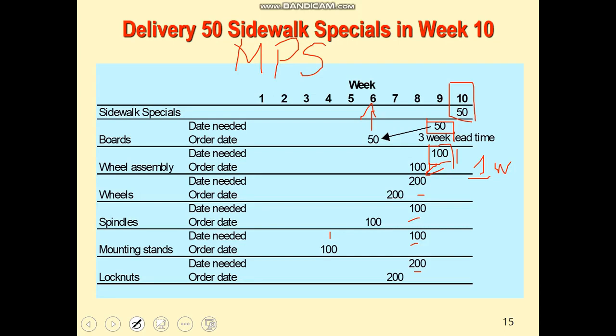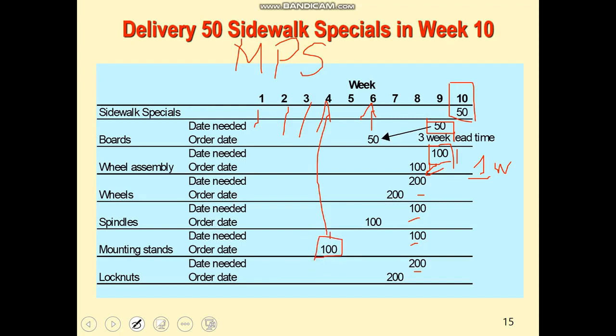And based on the master schedule table here, we can know week to week the activities we have to do. So here we can know that in week 1, week 2, week 3 we don't need to do anything. In week 4 we have to make an order of mounting stands with the quantity of 100.